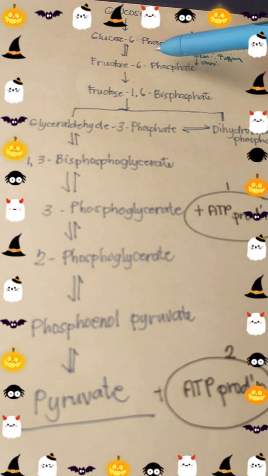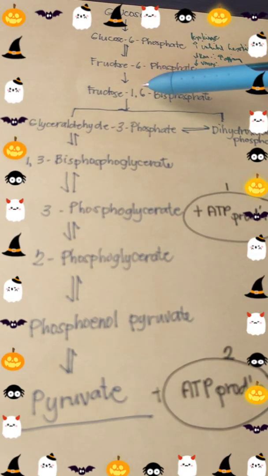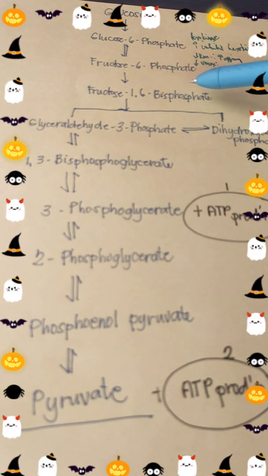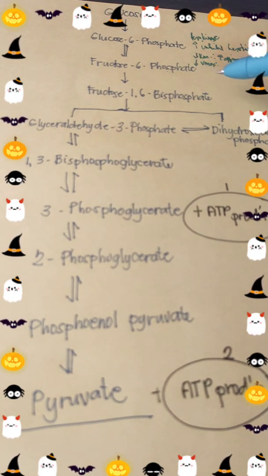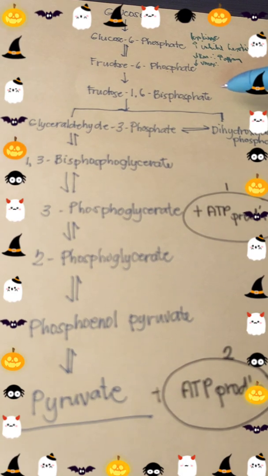G6 to fructose 6, this is isomerization. And fructose 6 to fructose 1,6, this is your phosphorylation. So, your phosphorylation, take note of the enzymes, ha? So, your phosphorylation is brought about by your phosphofructokinase 1. Okay? Phosphofructokinase 1, and that is PFK1.